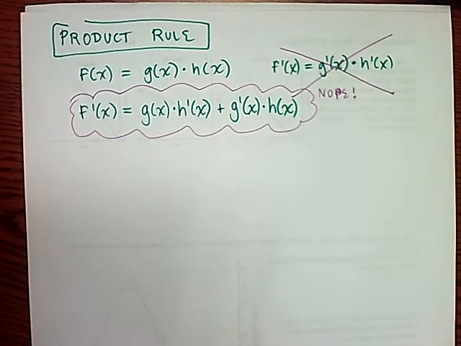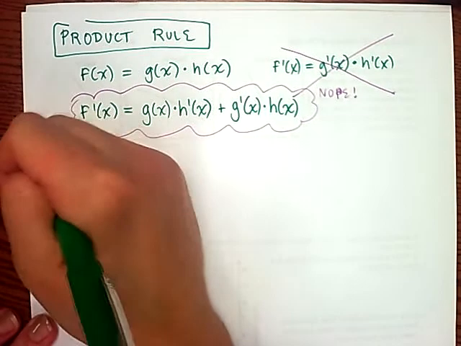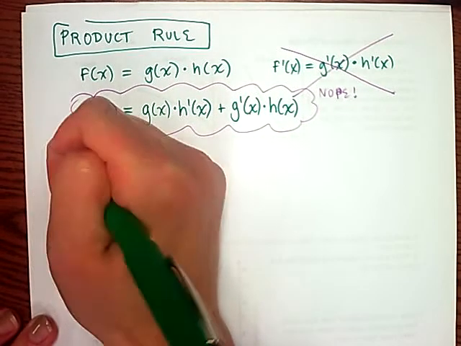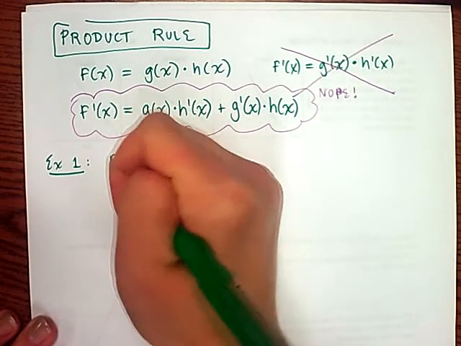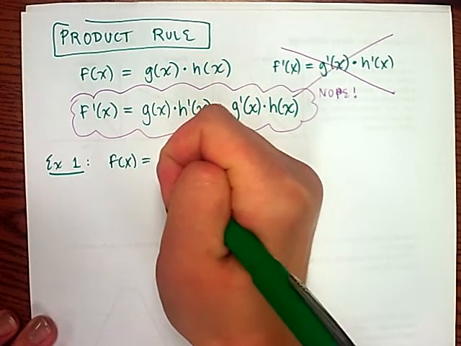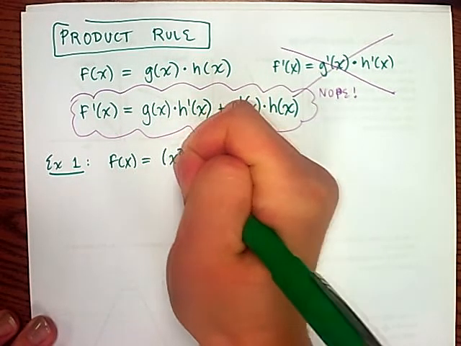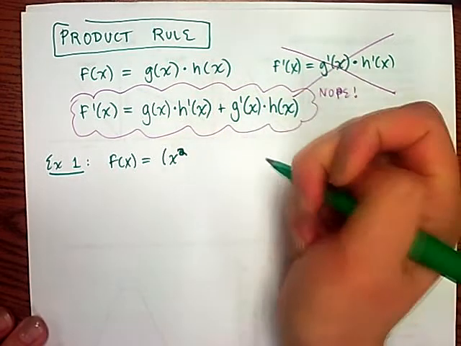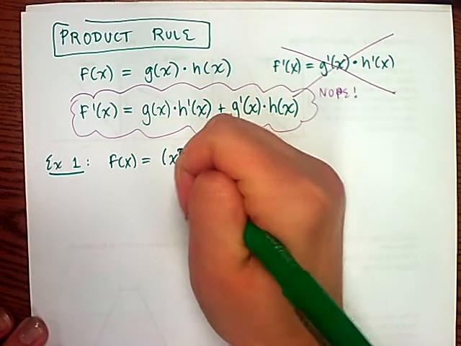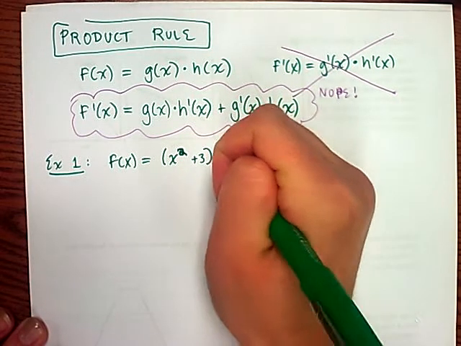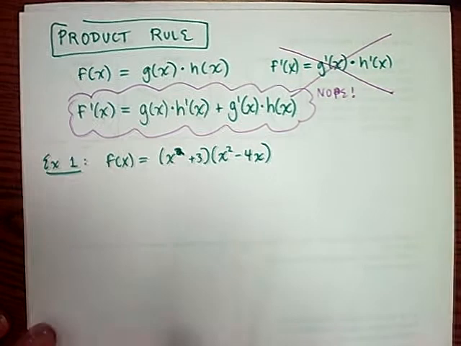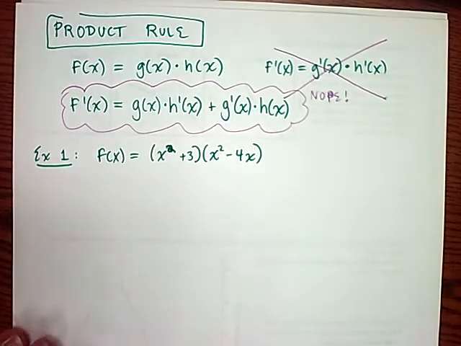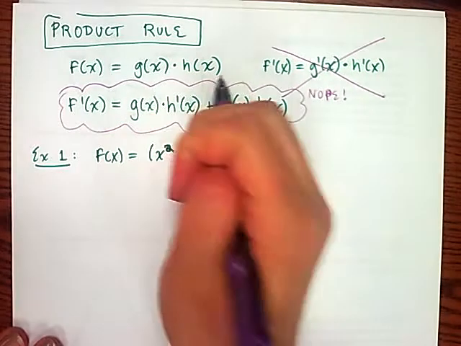So let's look at some examples. My first example is going to be f of x equals x squared plus 3, times x squared minus 4x. So the product rule tells us, let me call one of these functions g, and one of these functions h.